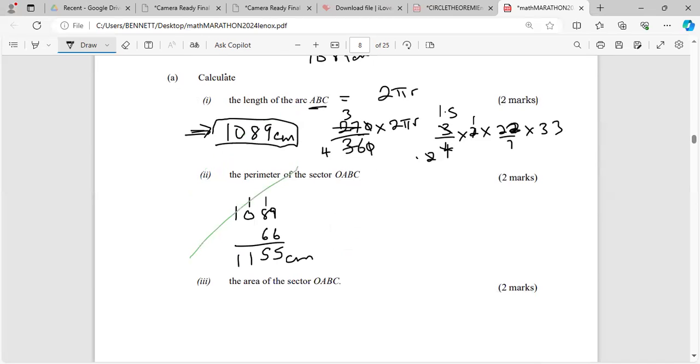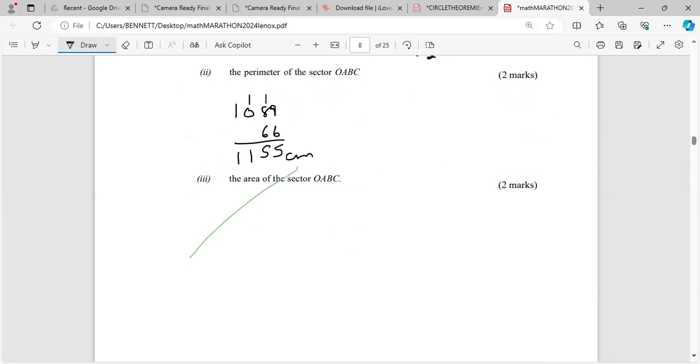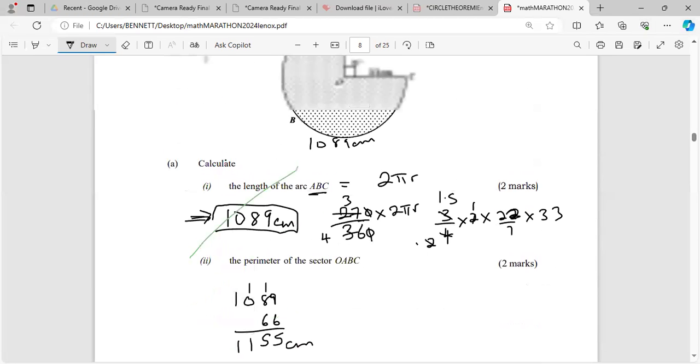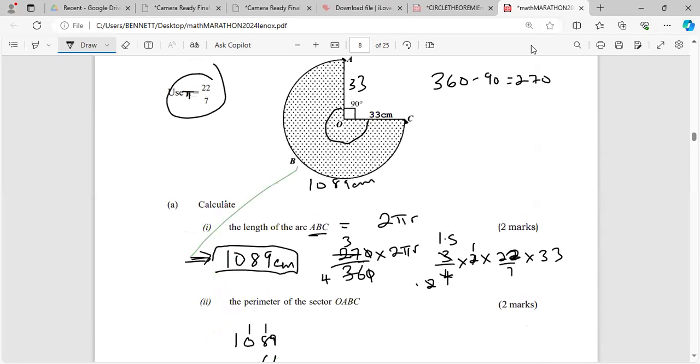And they say now the area of the sector OABC. And that's another 2 marks. So I'm going to go back up. This time you're going to find the area of the sector. And that's going to be a big number. So go ahead and work out that, guys. We must know the difference between the perimeter and the area, right?